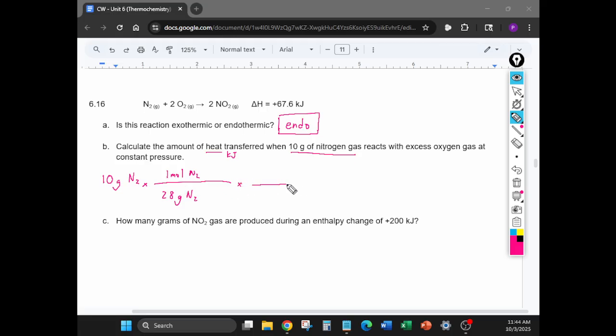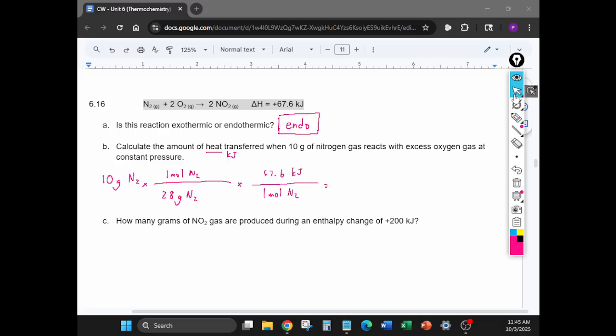And then we're going to set up another fraction. This time we're going to convert moles of N2 into kJ. So see if you can set up this second fraction. I'll give you like 30 seconds to do that, and then I'll show you what it should be. See if you can set up the second fraction using the equation. Alright guys, so if we look at the balanced equation, for N2 the coefficient is 1, so every 1 mole of N2 produces 67.6 kilojoules of energy.